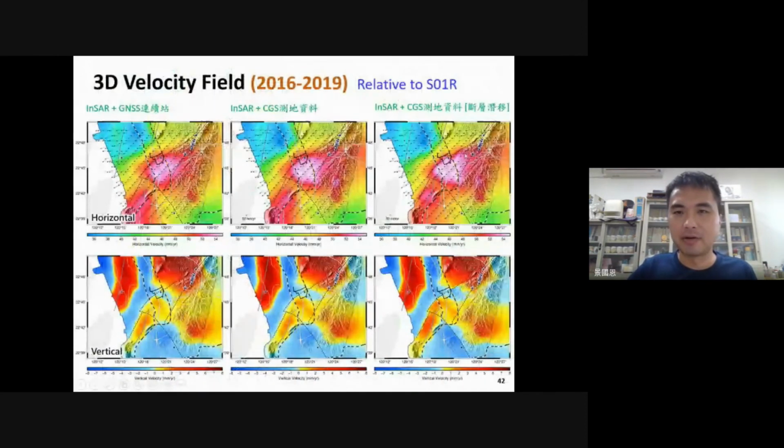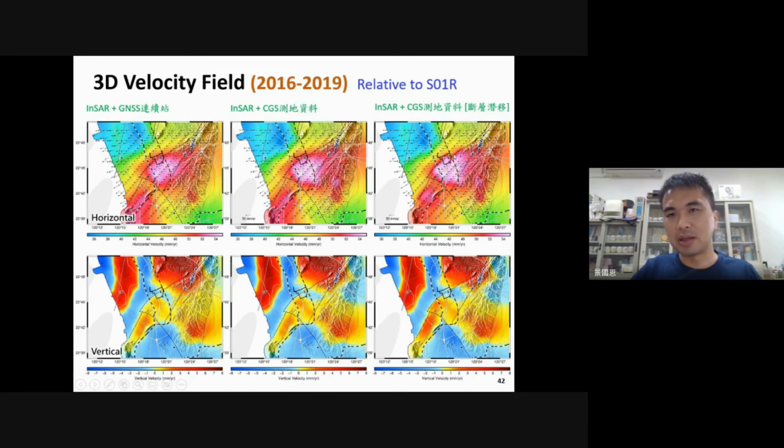And then, of course, the data matching here is much better. So eventually, based on this result, we could map the faults much more clearly, and we could identify which segments, like here.